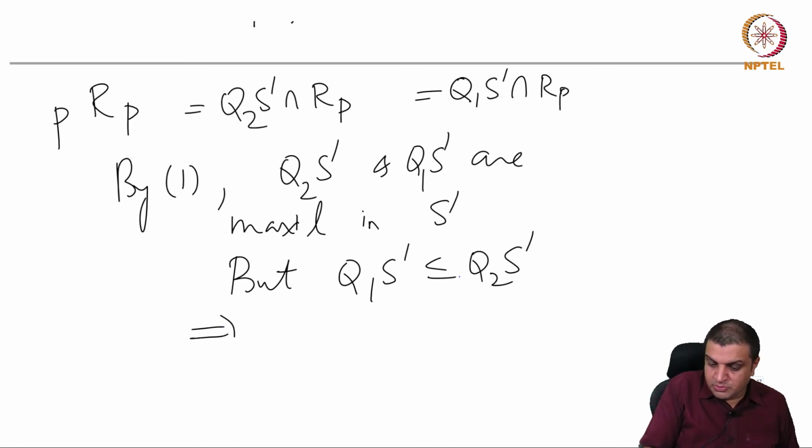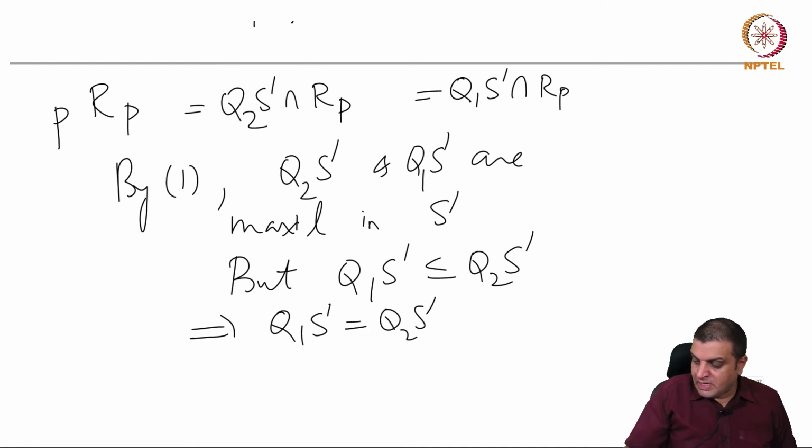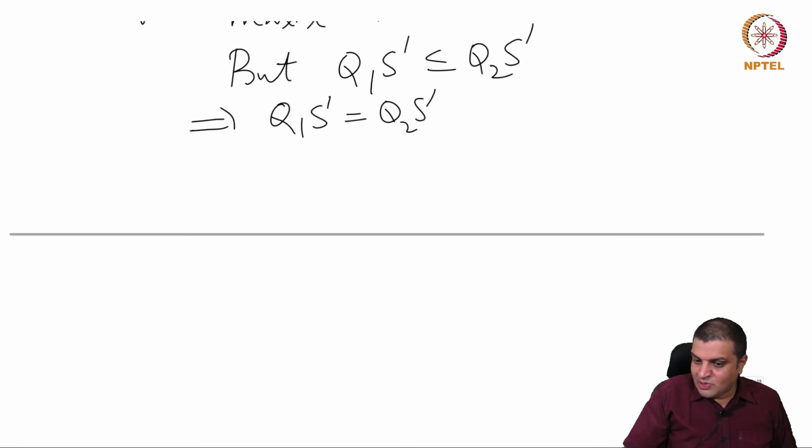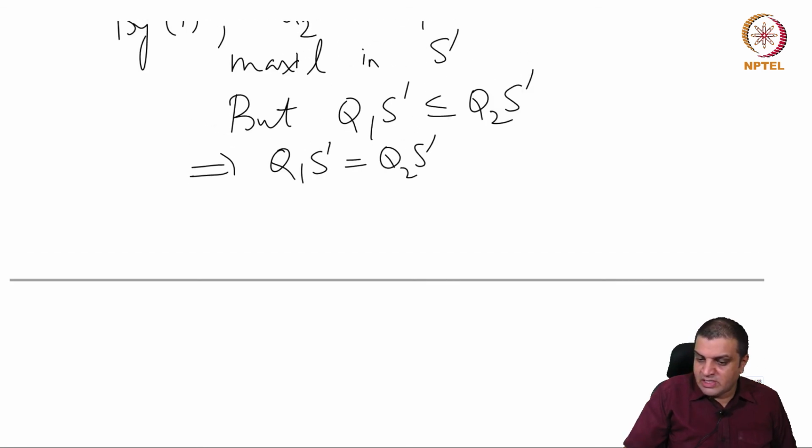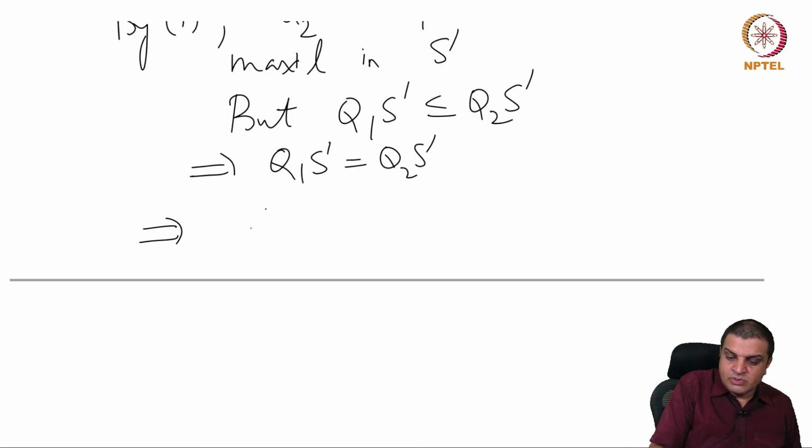Because both are maximal, it implies that Q1 S prime is equal to Q2 S prime. But using the correspondence between primes in a localization, this says Q1 is equal to Q2.